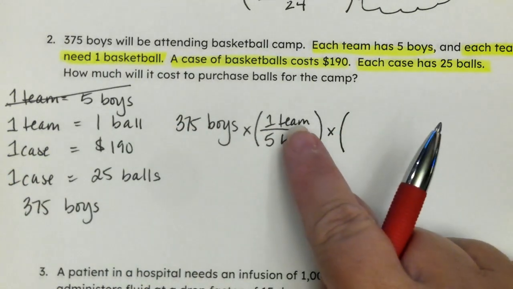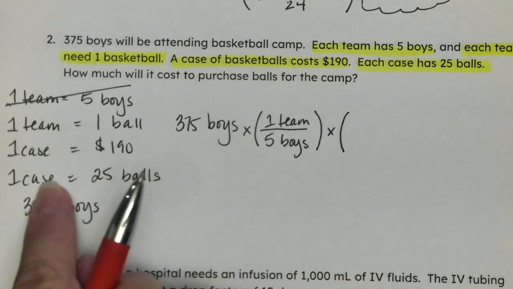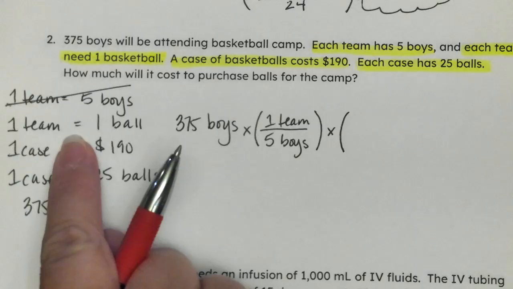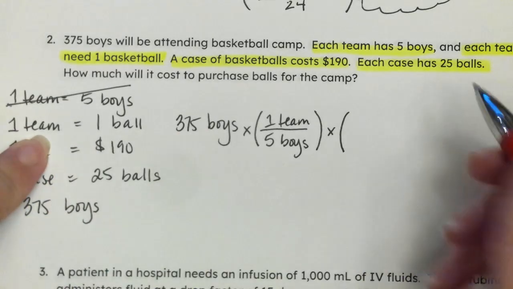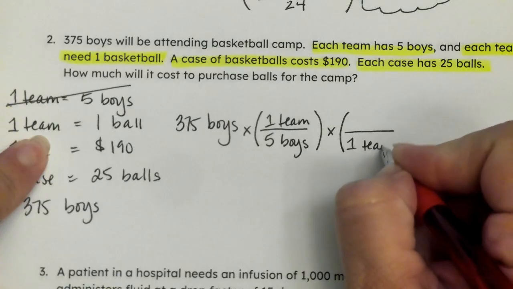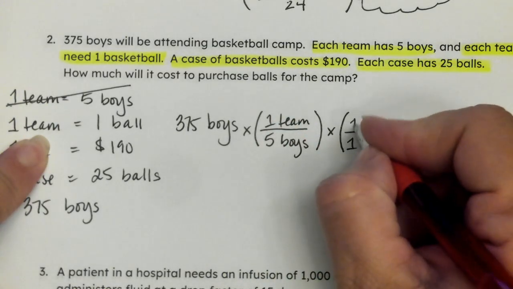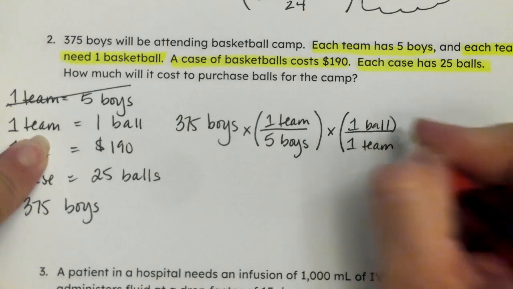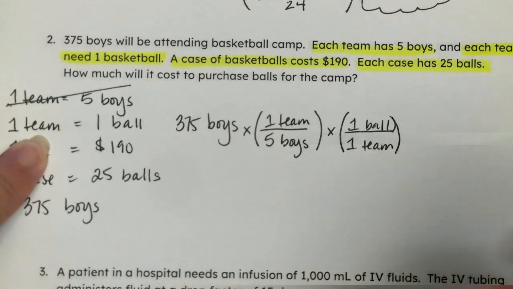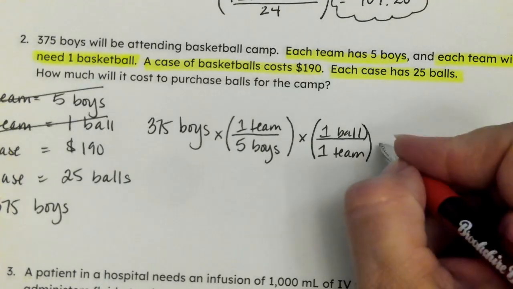Now I have team on the top and I need team on the bottom, so the only one that has team is going to be this one right here. So that's going to be the one that I use in the next step. So 1 team, because team is there, I want team on the bottom, is going to use 1 ball. Oops. So that is used now.